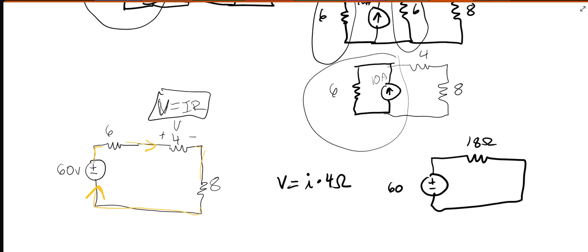Now this has the same current running through it as this one does. I can't use it to answer my question about the problem because it doesn't have the 4 ohm resistor anymore, but whatever current I get here is the same value as the current here. So V equals IR, or 60 equals I times 18.